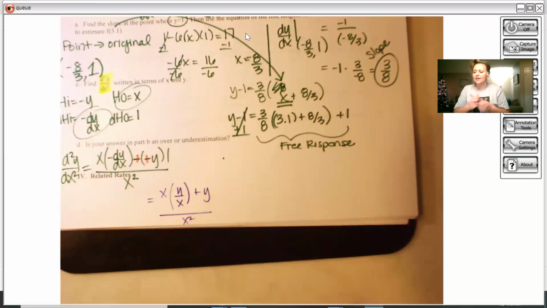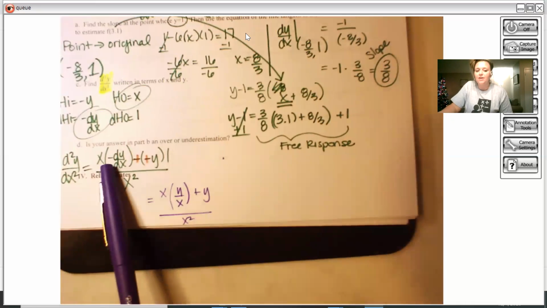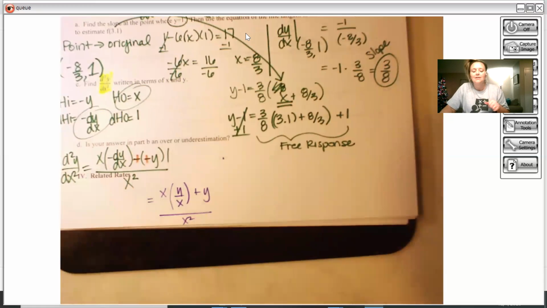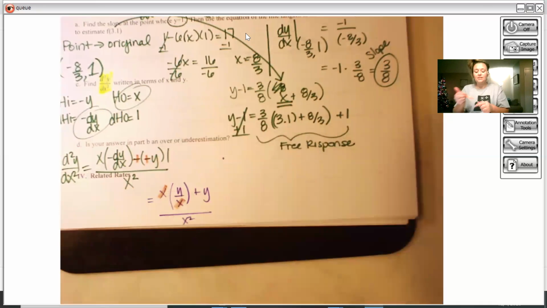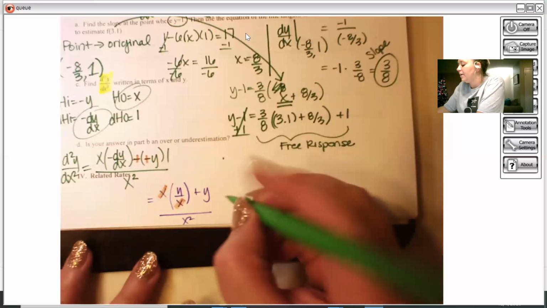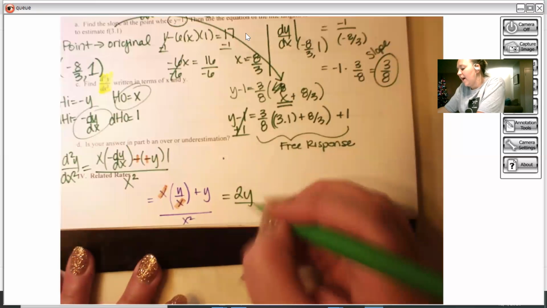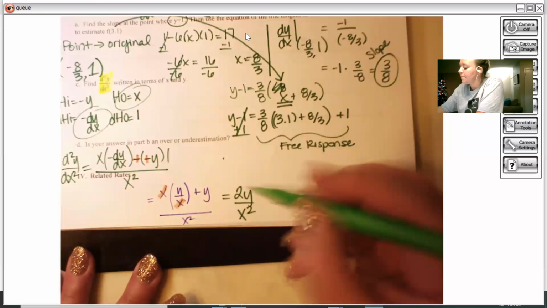Think about that for a second. The negative in my dy dx is canceling out with this other negative. So they both had one, so they just kind of eliminate. Then from there, this x and that x, these guys are gone. So I just have y plus y. That's going to give me 2y. So then I have 2y over x squared, which simplified quite a bit.